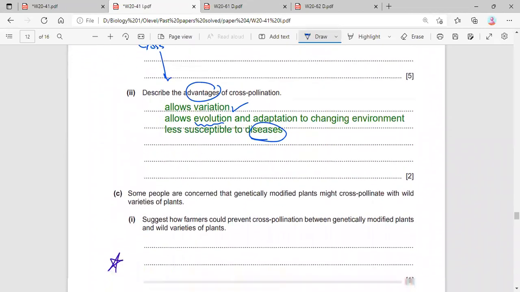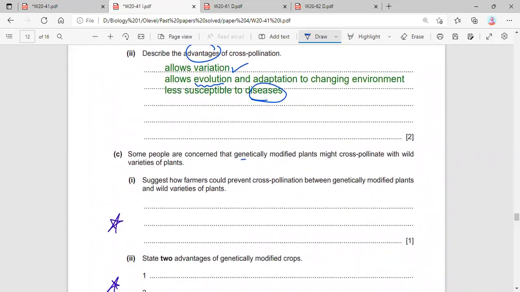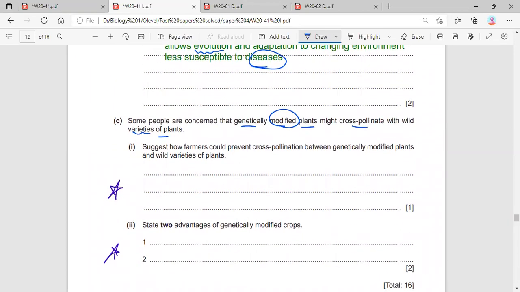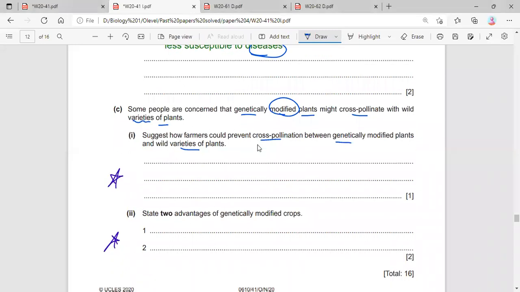Some people are concerned that genetically modified plants might cross-pollinate with the wild varieties. How could the farmers prevent cross-pollination between the genetically modified and the wild varieties? As I said, I do not want the pollen from the plants in the wild to come to the genetically modified plants.